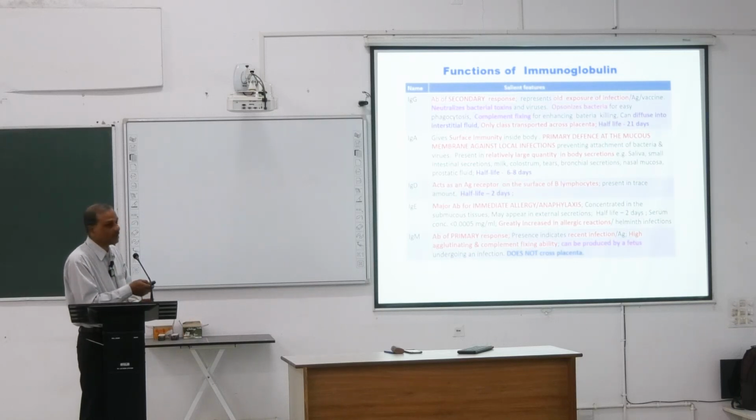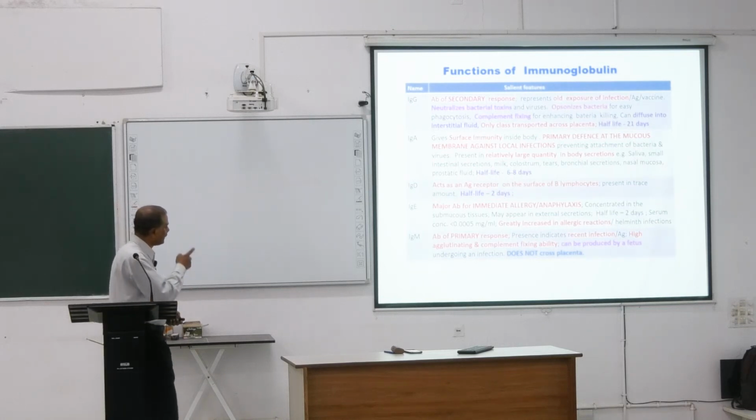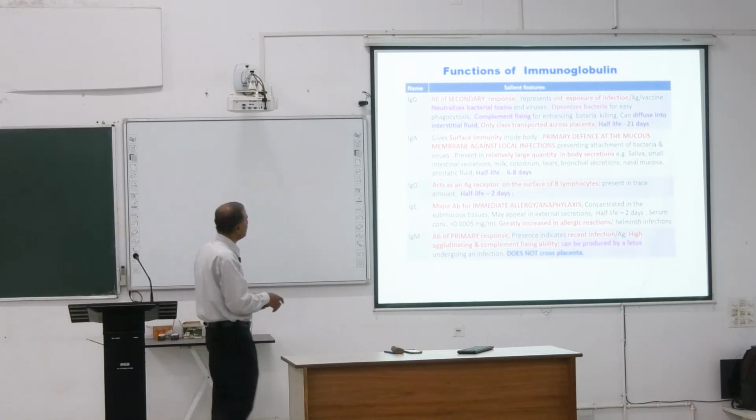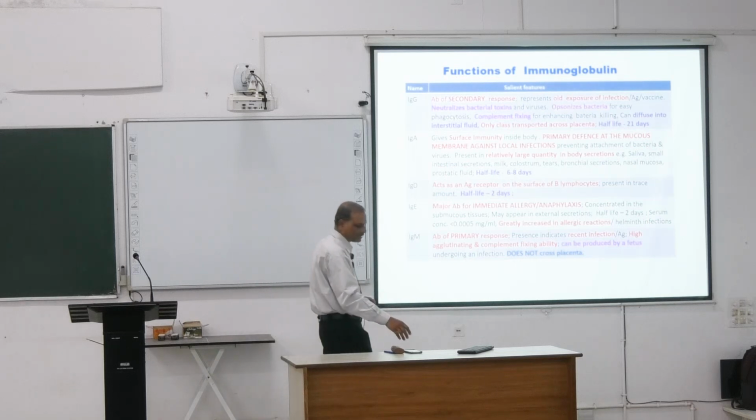It also confers immunity to the growing fetus. It's the only class which can be transported across the placenta. That is one important point of IgG. And in the interstitial fluid, most of the antibodies are of the IgG type.